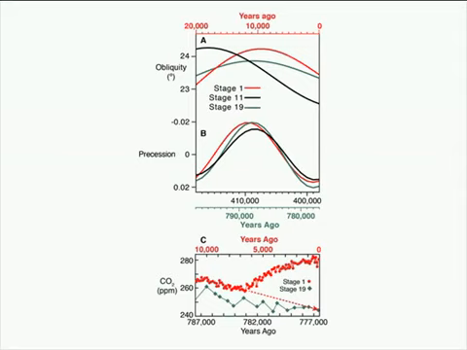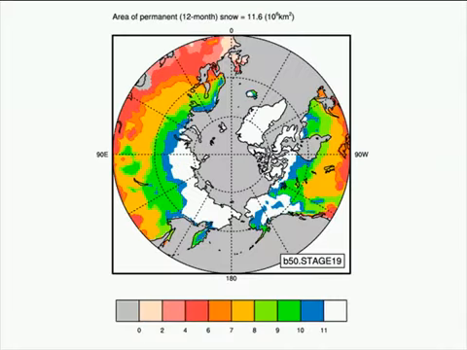The next slide, which is a map, shows an experiment run for that interglacial stage 19 at the time equivalent to the present day, which was 777,000 years ago. So it uses the orbital configuration for that time and the greenhouse gas concentrations for that time.